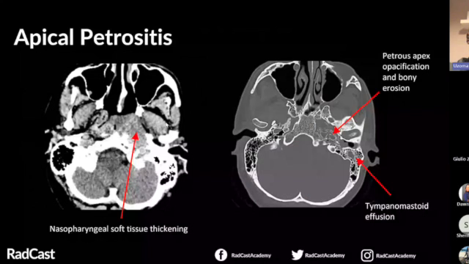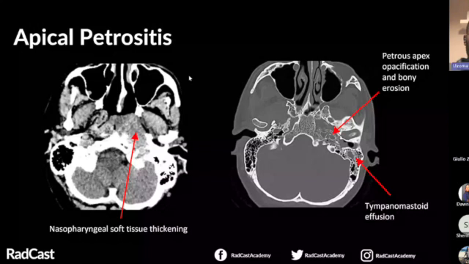So what you're going to see is nasopharyngeal soft tissue thickening, and opacification and erosion of petrous apex air cells, and bone erosion, and you'll often see a tympanomastoid effusion.